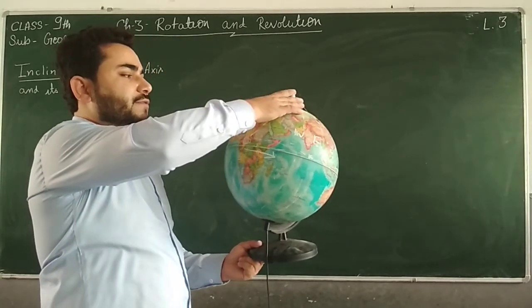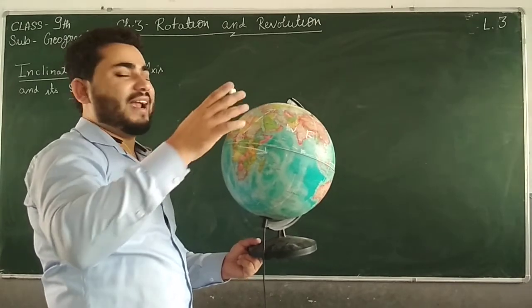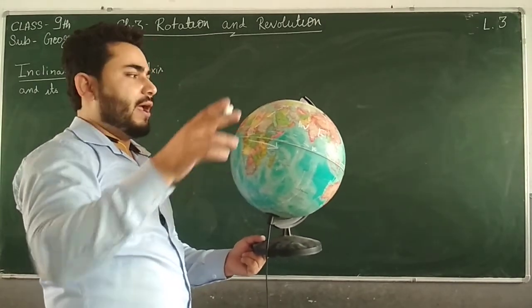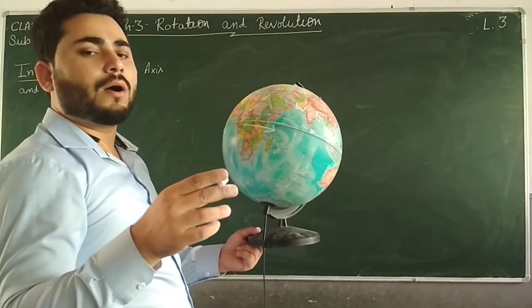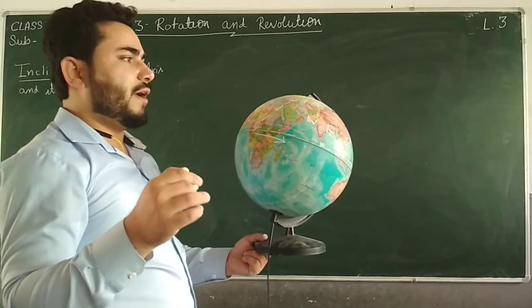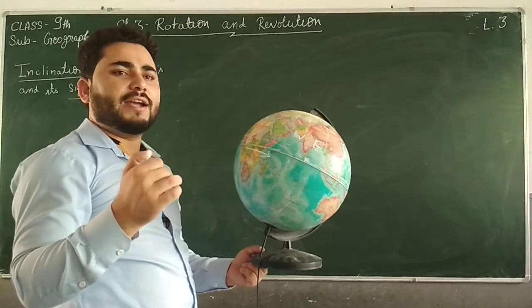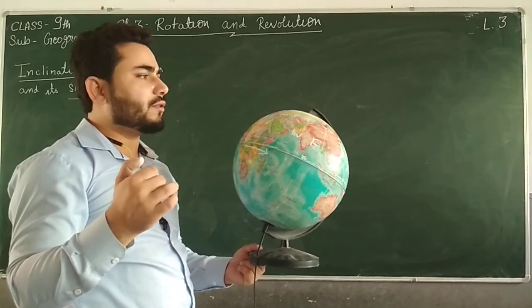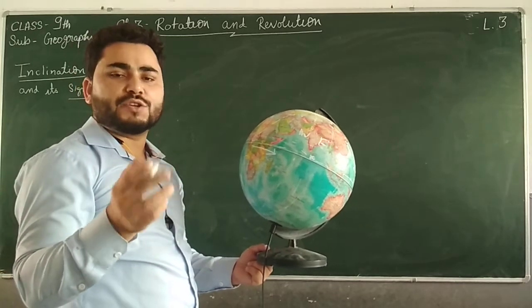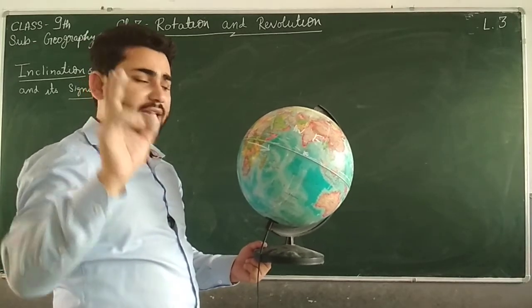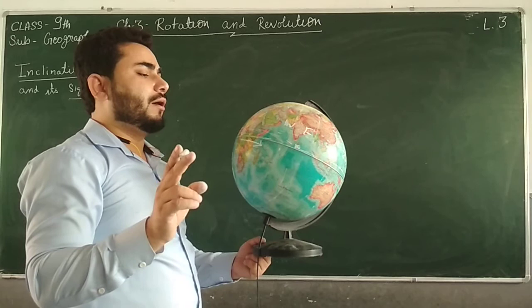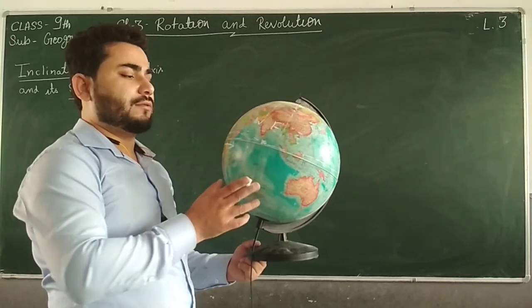And these places would have received the slanting sun rays, and the duration of days and nights would have remained equal throughout the year. So when the duration of day and night remains equal throughout the year, there will be no variations or change in season. There would have remained only the same season at different places.